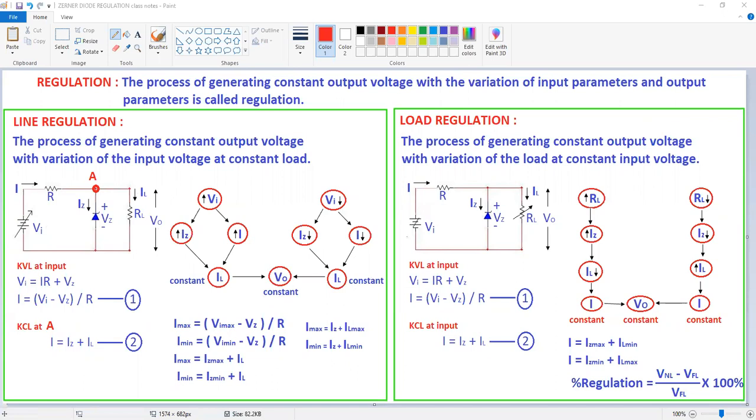Now see the load regulation. The process of generating constant output voltage with variation of the load at constant input voltage. Once again I am repeating.